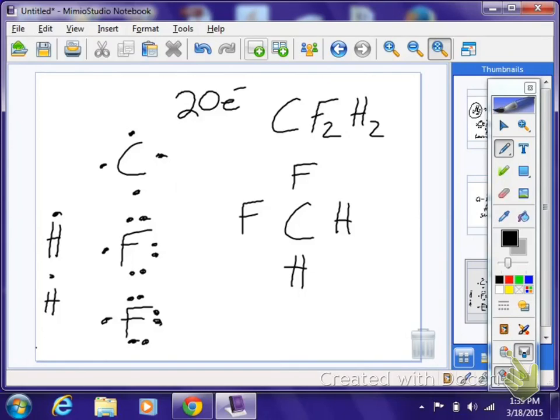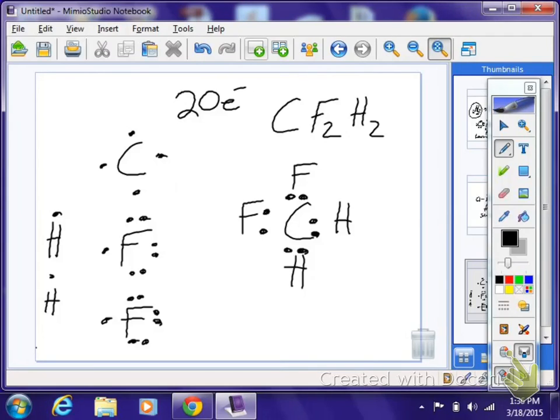Do step 4. So we have 20 electrons. Step 4 says you need to place a pair of electrons between the central atom and the branched atoms.